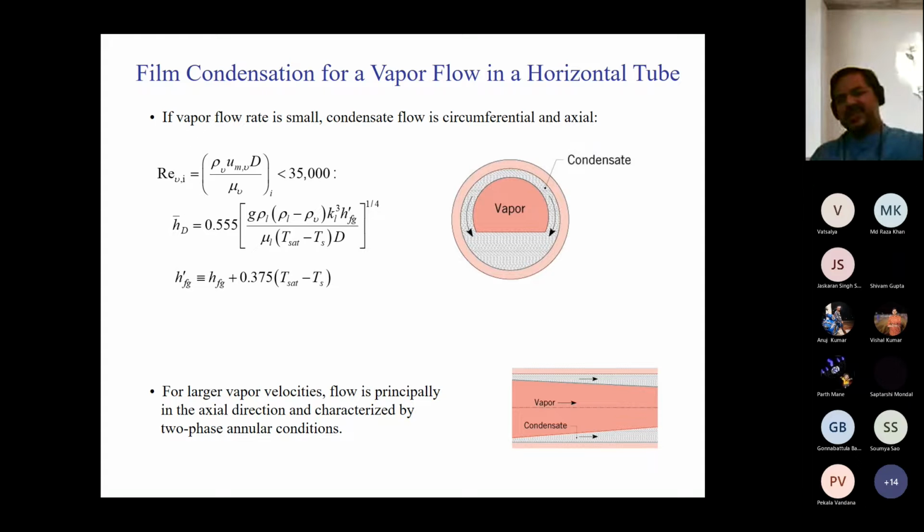Okay, rest of it, all these correlations, etc., keep it handy with you, no point remembering, but you should be physically able to visualize, if somebody asks you, that if I have a tube and the vapor is entering, condensation will start happening on the walls, and therefore initially there will be a film, the vapor will flow through the central core and the annulus will be the liquid film, and the liquid film thickness will slowly increase and probably you will reach a stage where the entire vapor has condensed and what comes out of the tube is completely liquid.